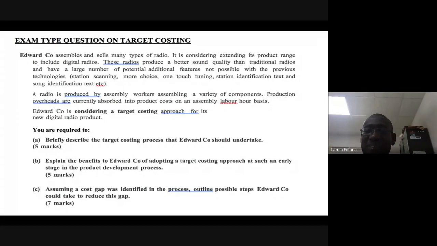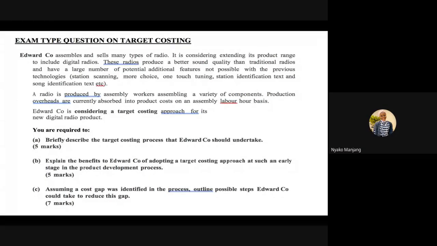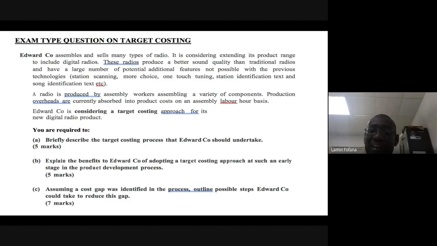I think the benefit of adopting target costing is that it has an advantage over ABC and traditional costing in terms of determining the market price or the selling price. Okay, very good.